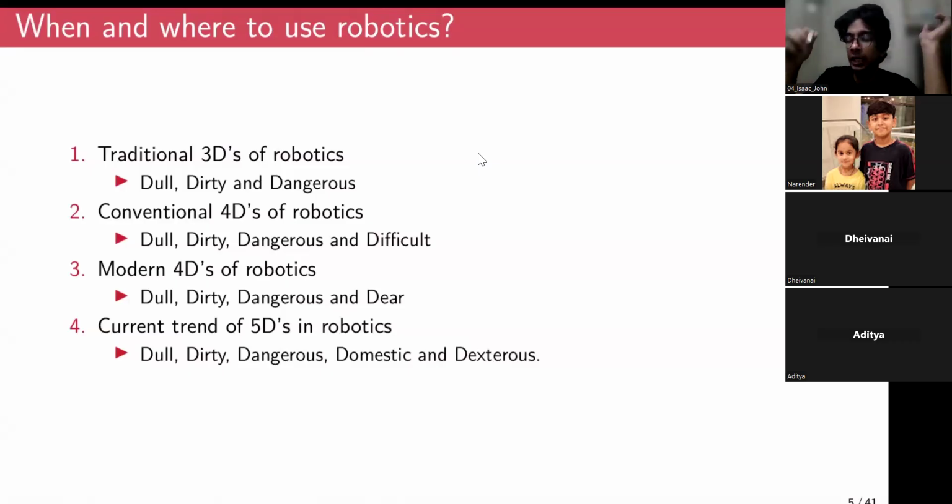Traditionally, when we started deploying robots in applications, we have been using robots in tasks that can be classified as dull, dirty, and probably dangerous. Dull tasks could be very dull for a human being.